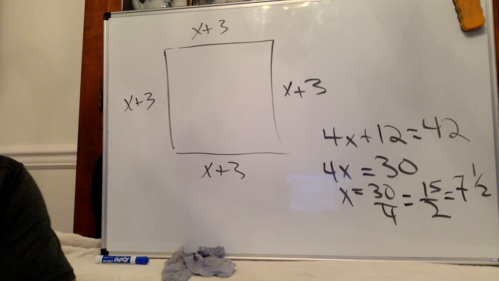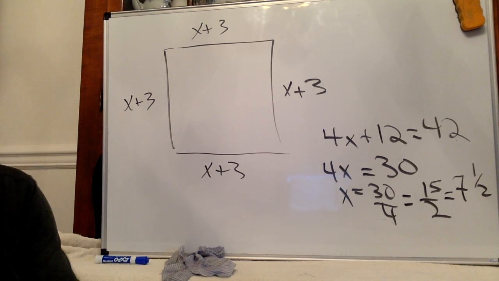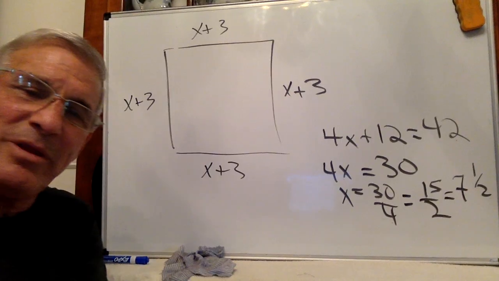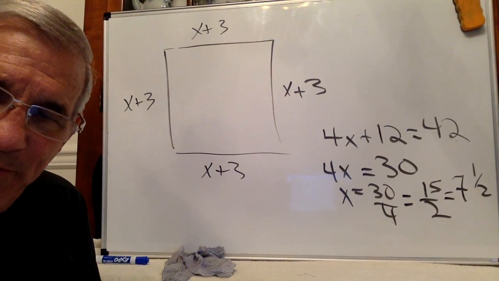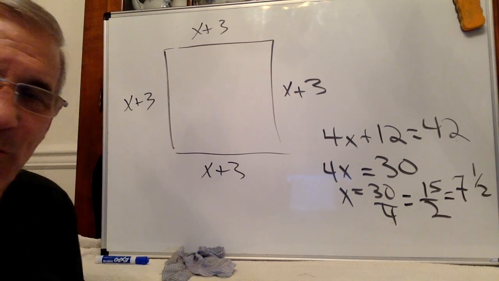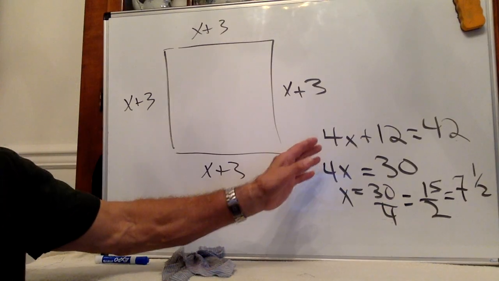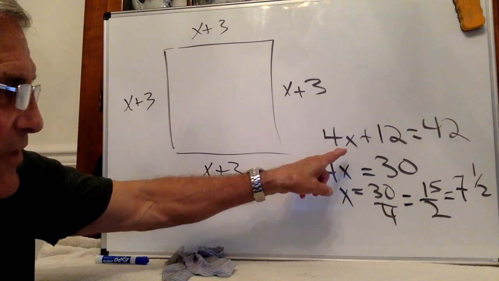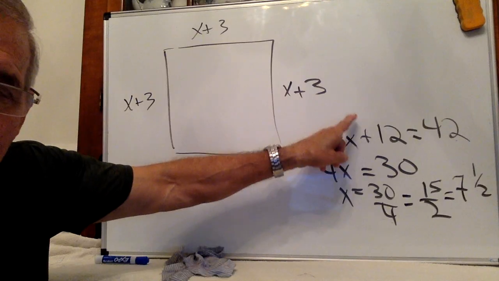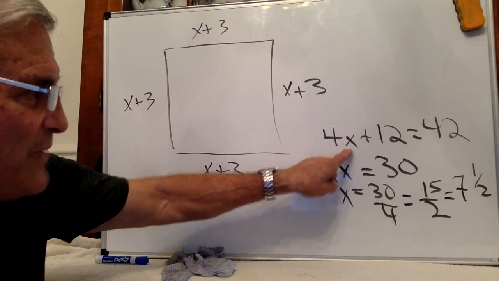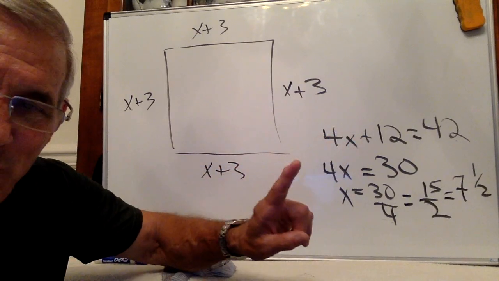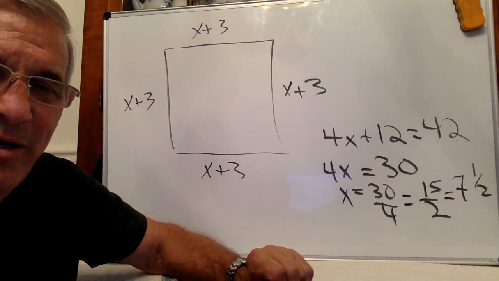Number 15. All right, I told you there were two types of algebraic equations. This is called a simple linear equation. You just have one variable, and the exponent is an understood 1. This is 4 times x to the first power. You don't use a 1 as an exponent. It's understood.